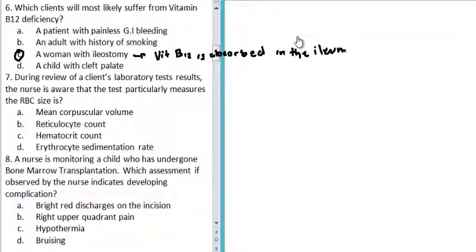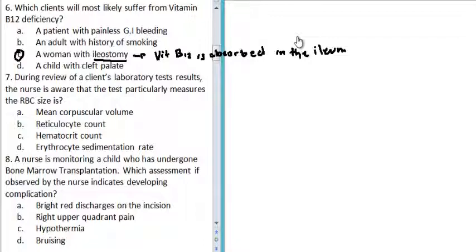So if your patient has an ileostomy, we all know that the stool of a patient who has an ileostomy is liquid. So instead of being absorbed by the ileum, your vitamin B12 goes out along with the stool through your ileostomy. So there's a chance that the patient will develop vitamin B12 deficiency.